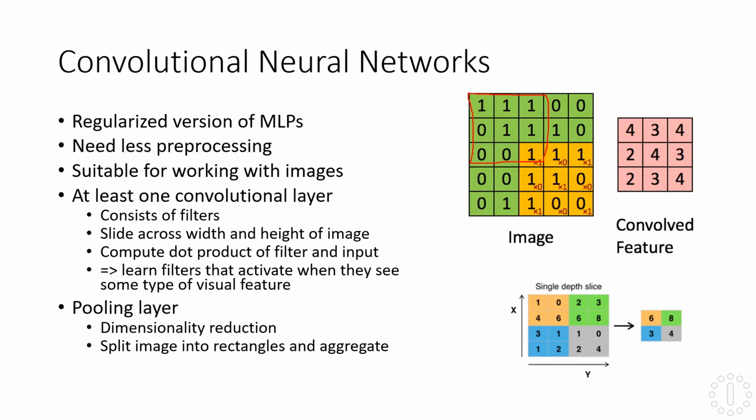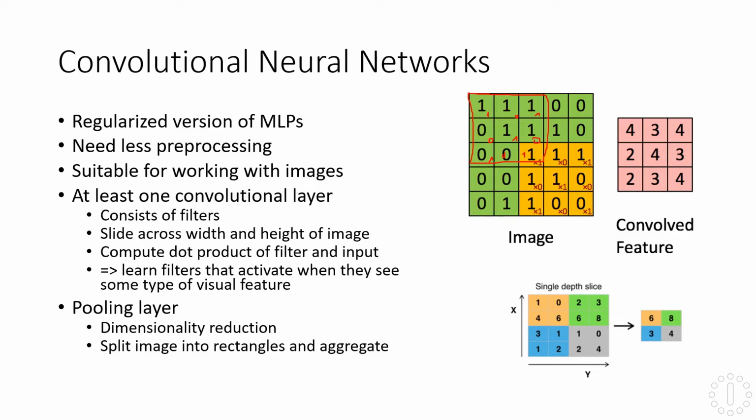We have 1 here, 1 here, 1 here, and 1 here. We multiply those by 1. So we multiply this by 1, this by 0, this by 1, then we have 0, 1, 0, and then 1, 0, 1. And if we multiply each of these inputs in the image by this filter and add them together, we get 4.